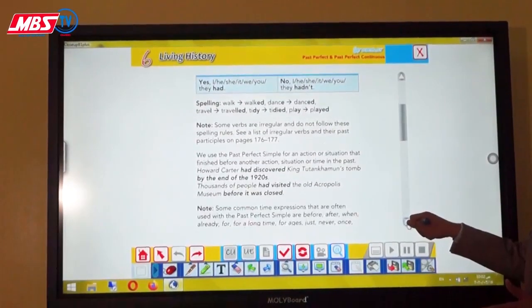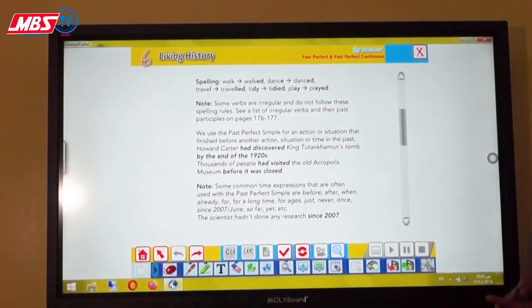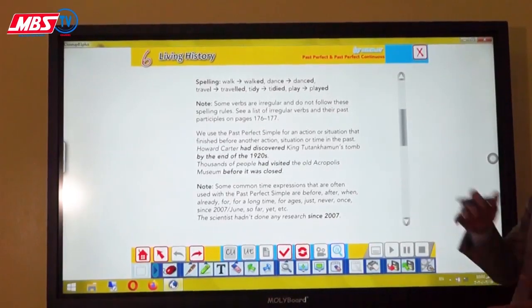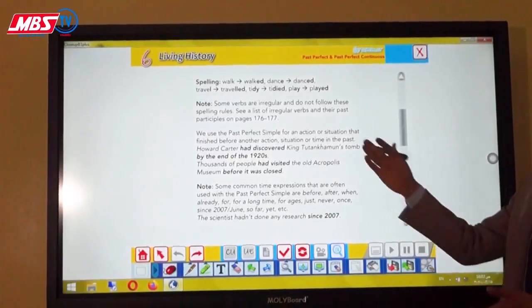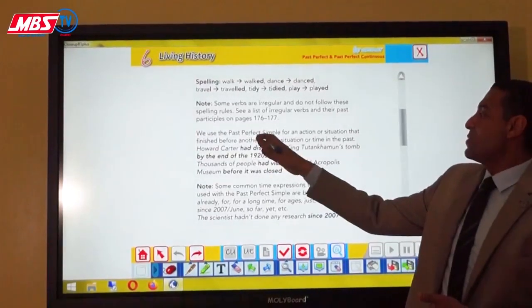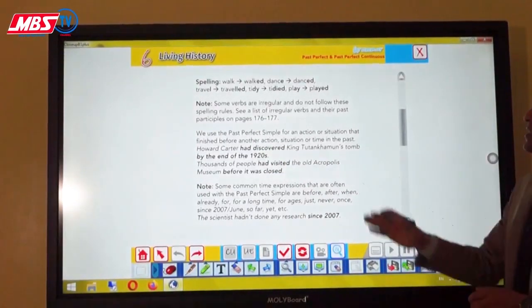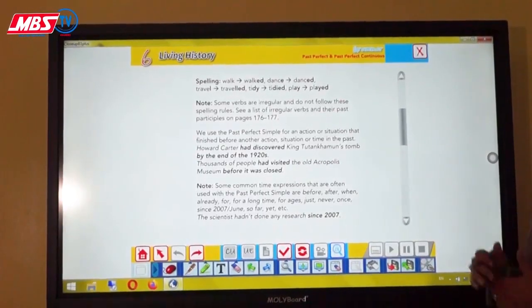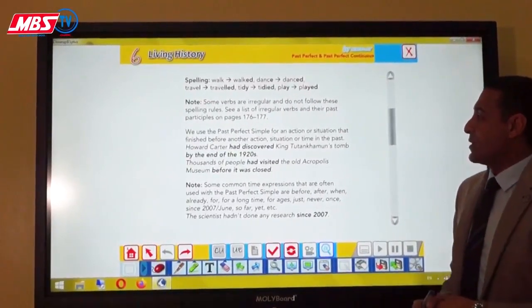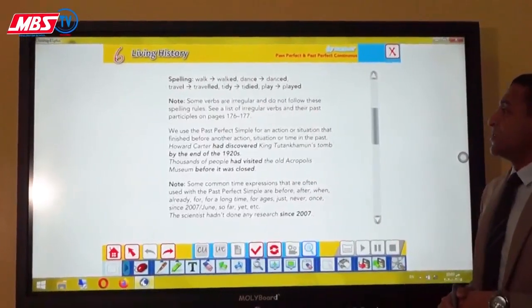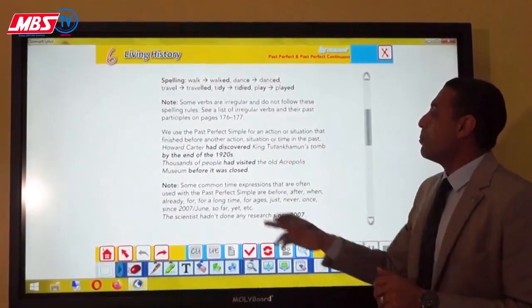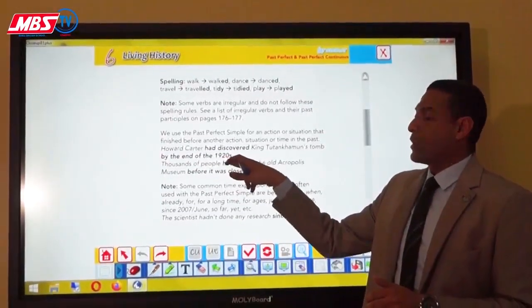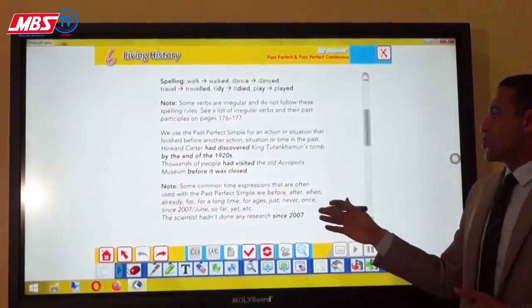Let's check some examples. We use past perfect simple for an action or situation that finished before another action, situation or time in the past. For example, Howard Carter had discovered King Tut's tomb by the end of the 1920s.